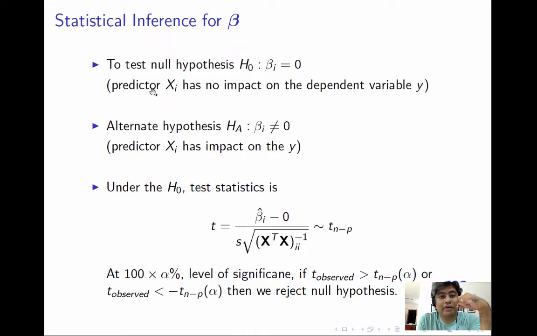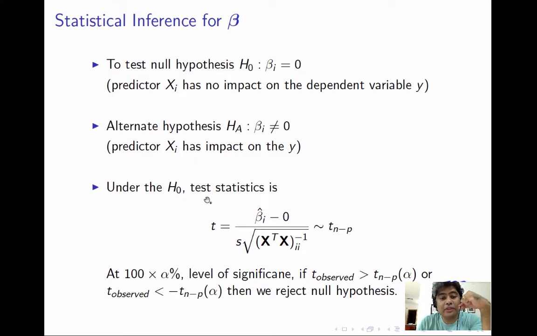The basic layman interpretation is that predictor xi has no impact on the dependent variable y. Now what is the alternative hypothesis? The alternative hypothesis means beta i is non-zero. It means the feature xi has impact on y.